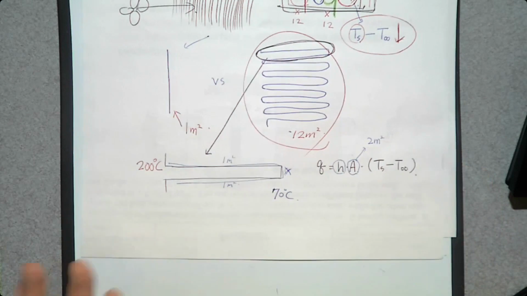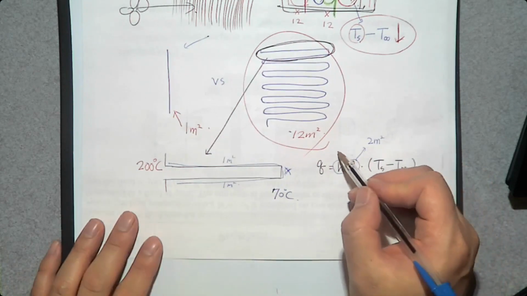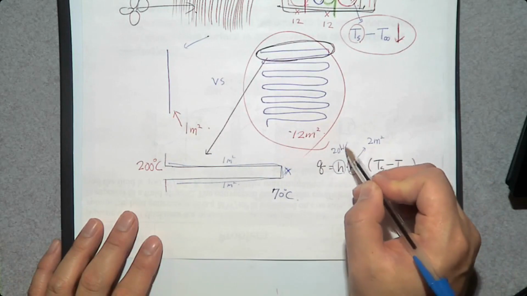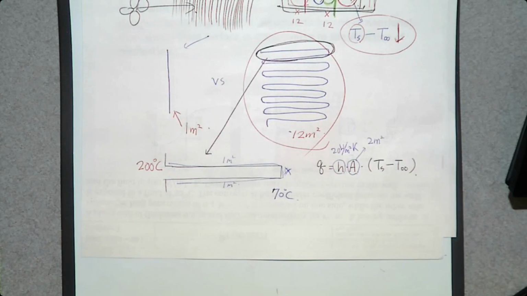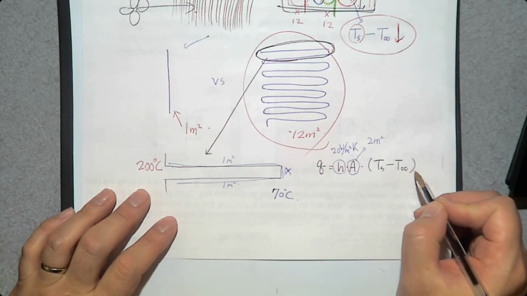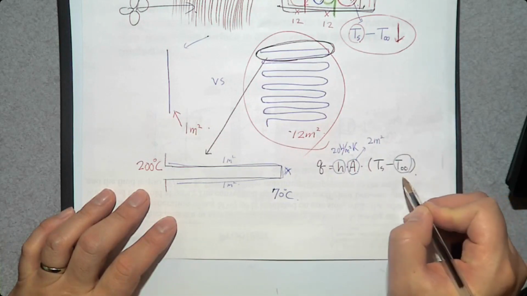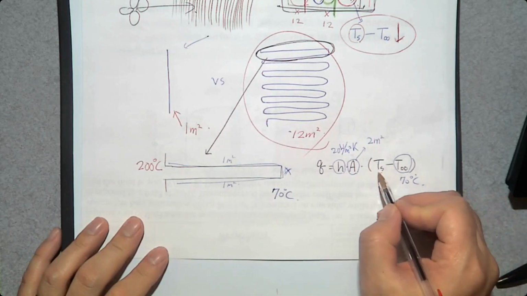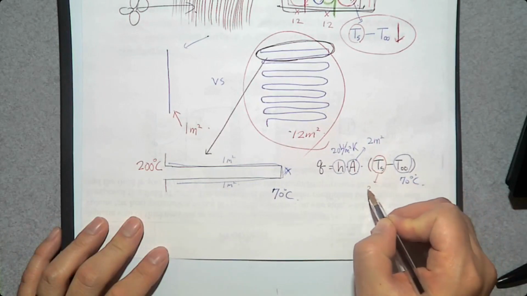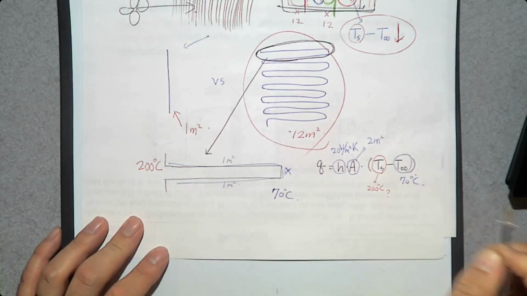And the h value is forced convection by air, so let's say about 20 watts per meter squared Kelvin. What is the temperature of the surrounding fluid, which is the coolant? 70 degrees Celsius. What is the temperature of the surface? 200.